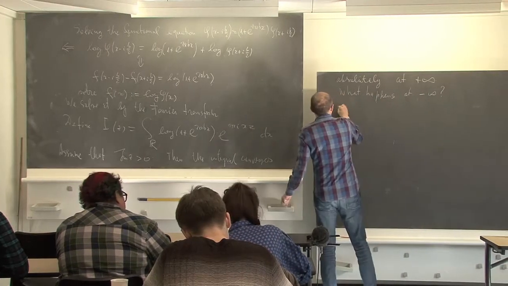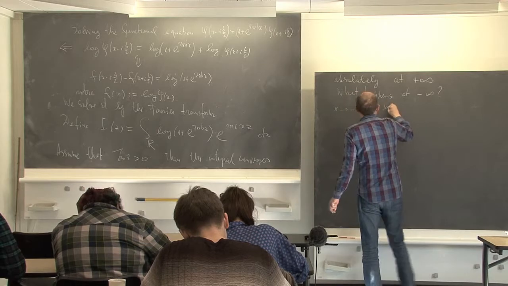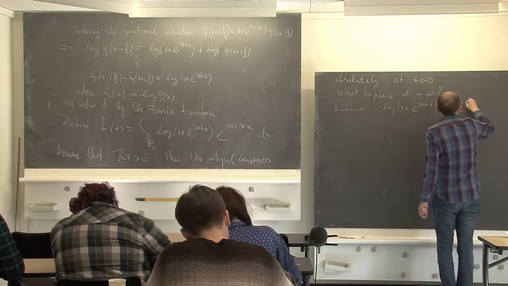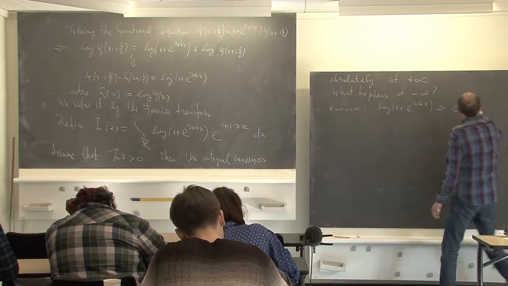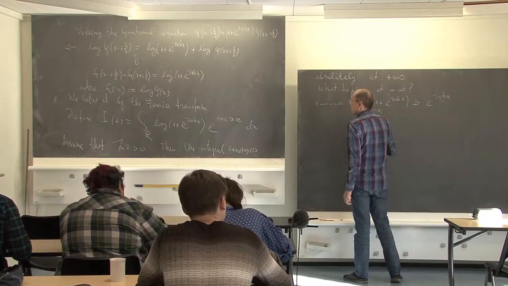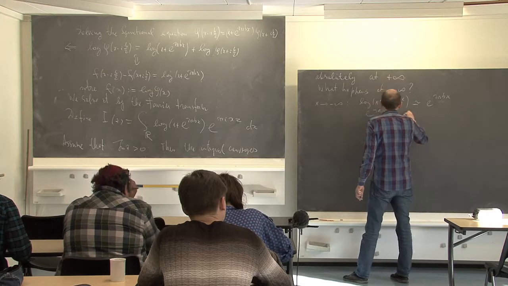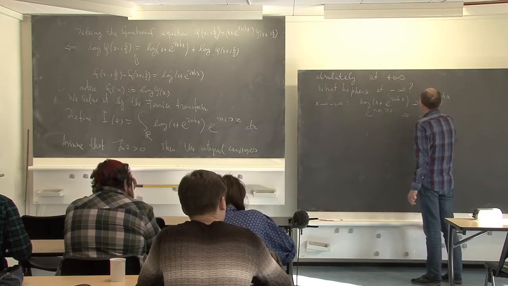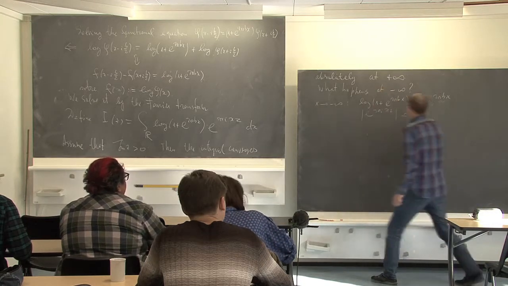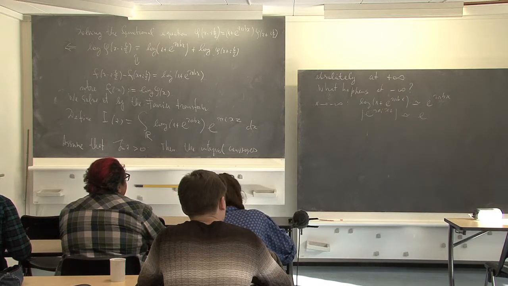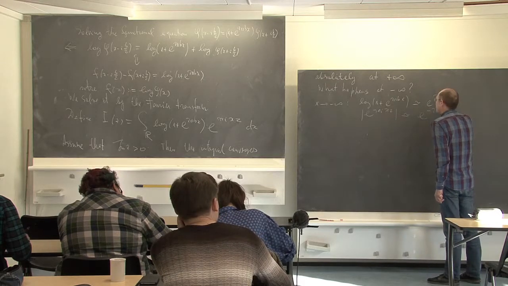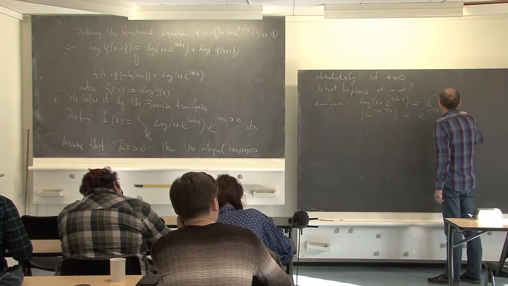So when x goes to minus infinity, we have log(1 + e^(2πbx)), of course, like this, exponential decay. And e^(2πixz) behaves like, let me put absolute value, right? We are asking for absolute convergence. So this behaves like e^(-2π Im(z) x).